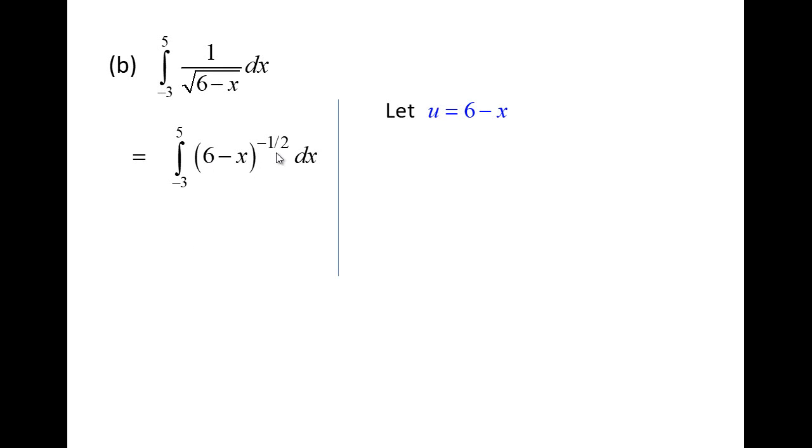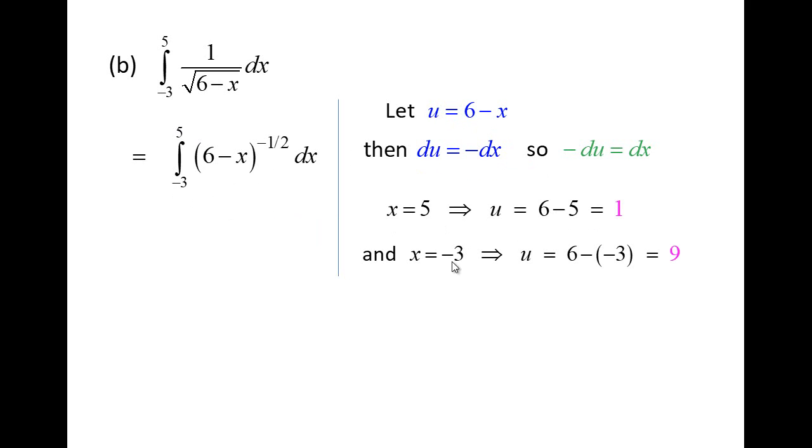Now u is 6 minus x, so the differential of u: the derivative of 6 minus x is negative 1, so we get negative dx for du. So dx would be negative du, and so we make the substitution, but let's change the limits of integration first. When x is 5, u would be 6 minus 5, which is 1.